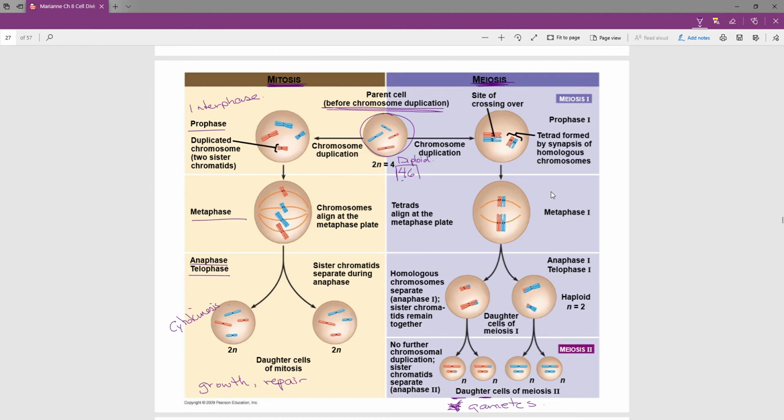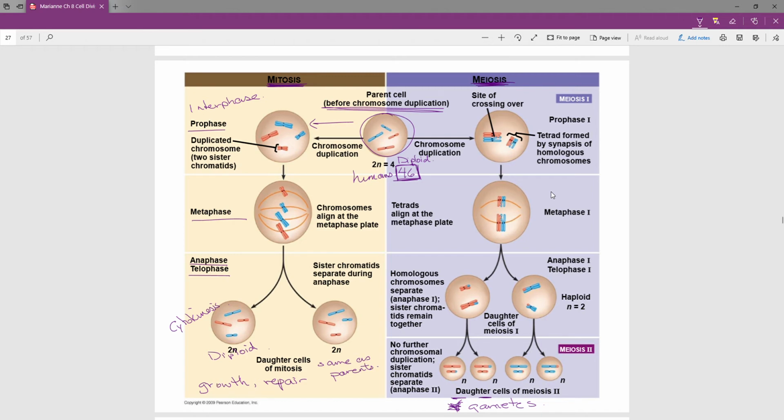Now that's different in different organisms, different animals and different plants, but for humans, this idea that a diploid cell has a full set of chromosomes. So we have this duplication going on, and then we could follow through here back down to diploid cells. These daughter cells should be the same as the parents.